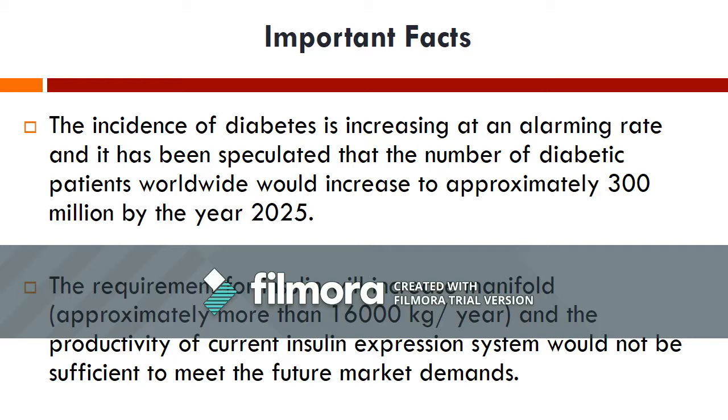The requirement for insulin will increase manifold, approximately more than 16,000 kilograms per year, and the productivity of the current insulin expression system will not be sufficient to meet the future market demands. For that reason, it's very important to find another method to treat diabetes.